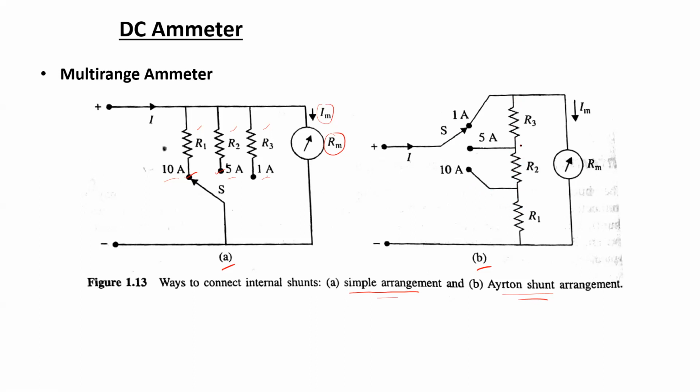So the values are tuned in such a way that, let's say if you place the selector switch at this 1 ampere point, then at this point the summation of R1, R2 and R3 will be becoming the entire shunt resistance, or acting as the shunt resistance in case when the switch is located at 1 ampere.